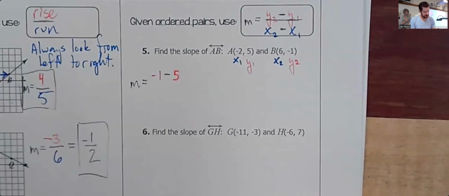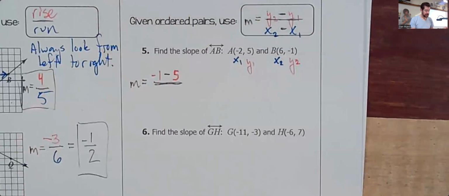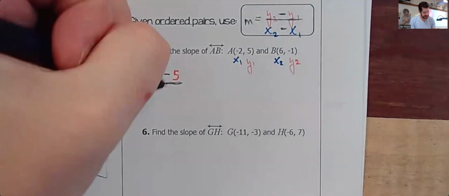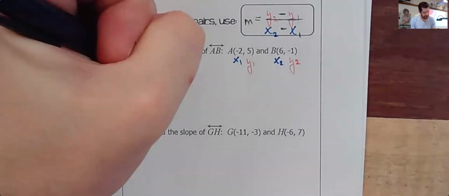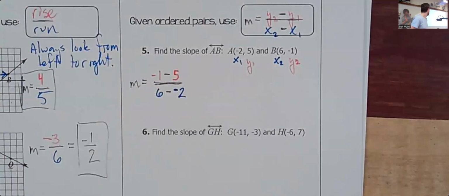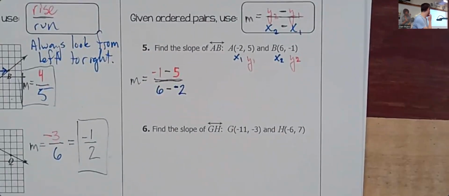And we're going to put that over x2, which is 6, minus x1, which was -2. So we have -1 minus 5 over 6 minus -2.